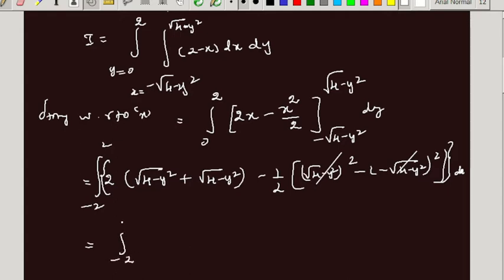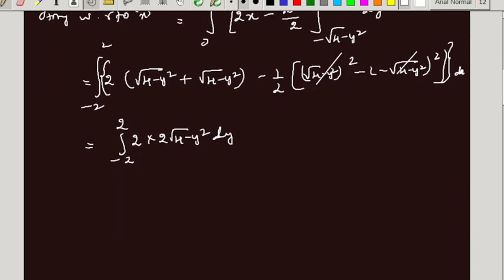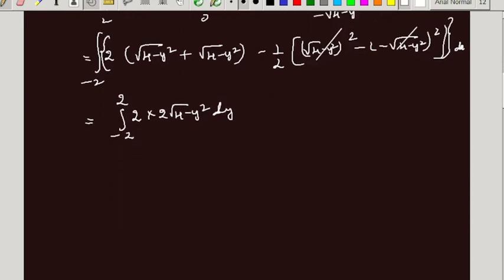Integration from minus 2 to 2 of 2 times the square root of 4 minus y square into dy. Now we can do this in two ways. First one is the integral from minus 2 to 2 of square root of 4 minus y square into dy by substitution method.